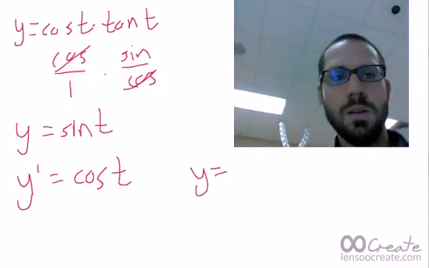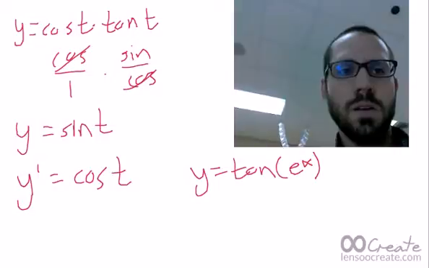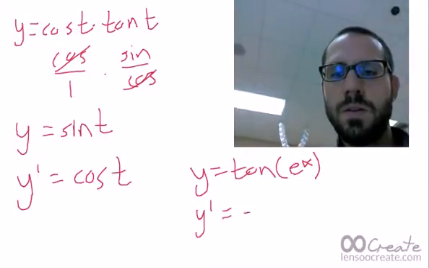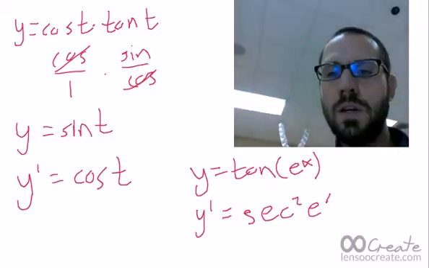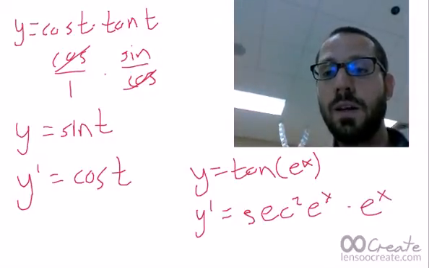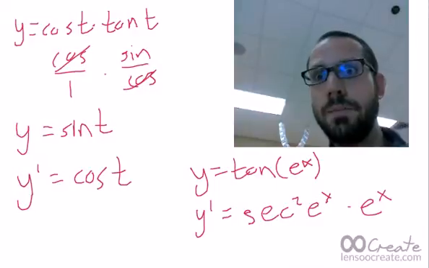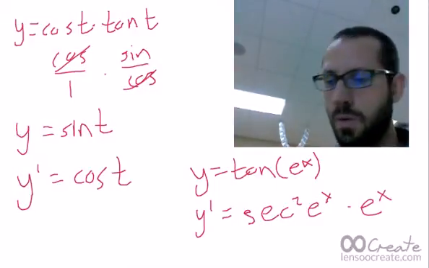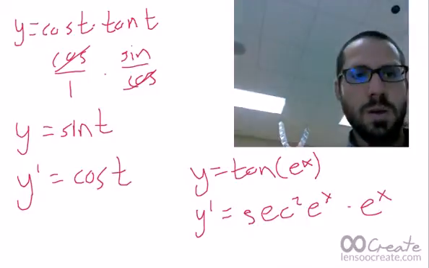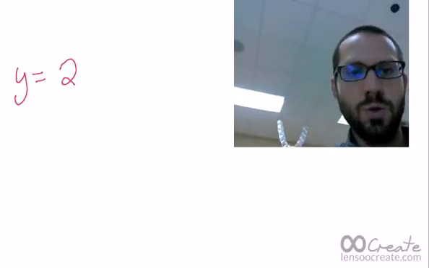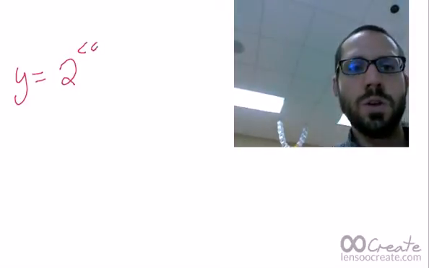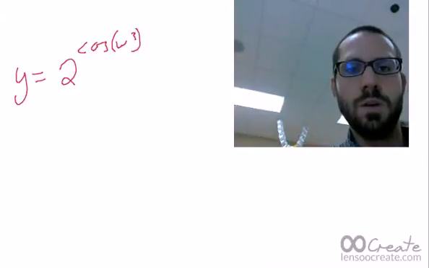D, y equals tan of e to the x. Derivative of tan is secant squared of e to the x times the derivative of e to the x, which is e to the x times the natural log of e, but that's 1. All right, what do we got? One more. Y equals 2 to the cosine of w cubed.